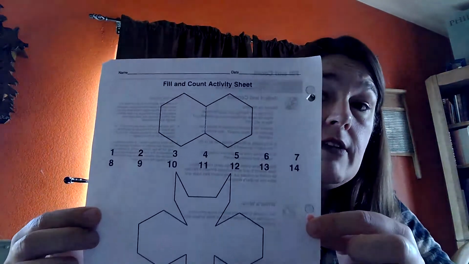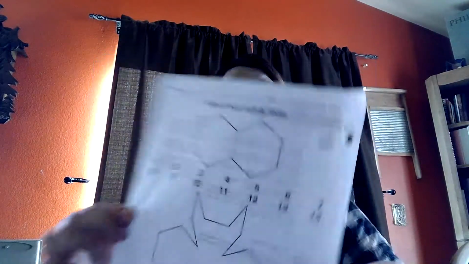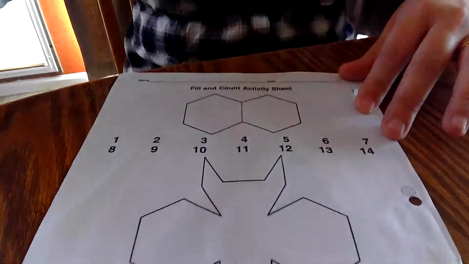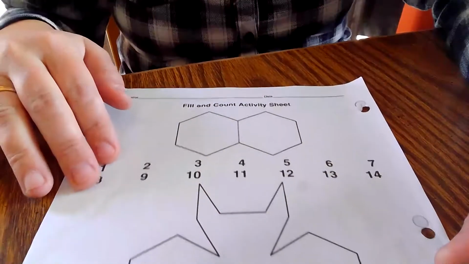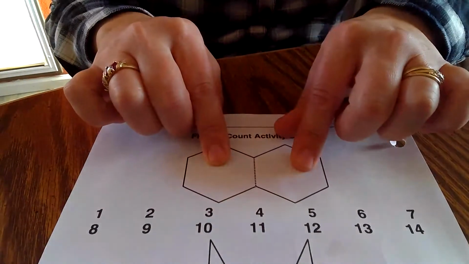Alrighty. Now, for the game that we're going to play, both players, or even if you have more than 2 players, everyone will receive a copy of this sheet. On the count of go, you will try to find as many different shapes as you can within, I'm going to move my camera right here so you can see, the hexagon shapes as seen.